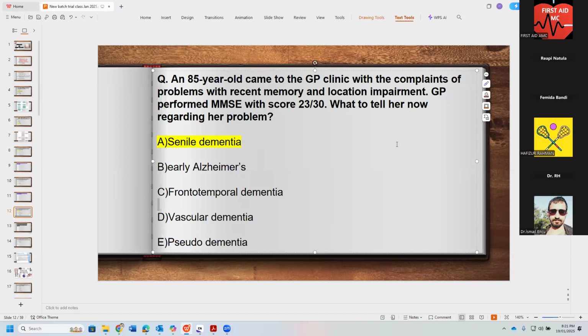So Alzheimer's disease, as we know, it's the most common cause of dementia after senile dementia. All right, and it's a neurodegenerative disorder in which there's amyloid proteins that gets deposited within the cerebral part of your brain.